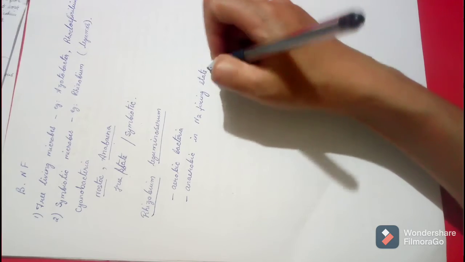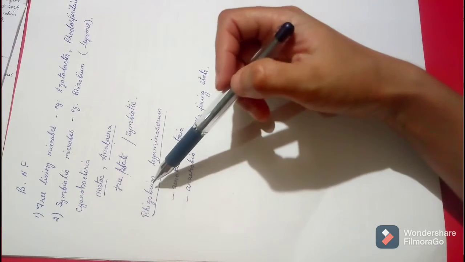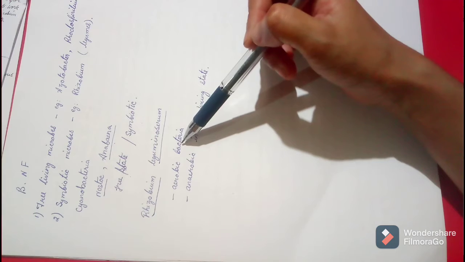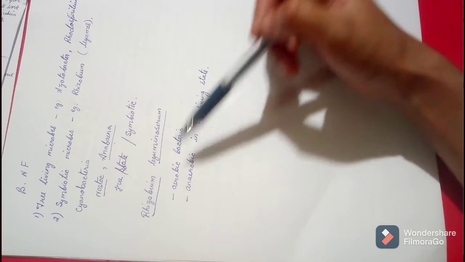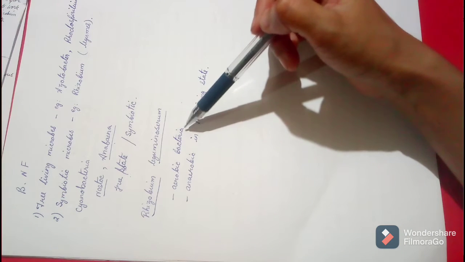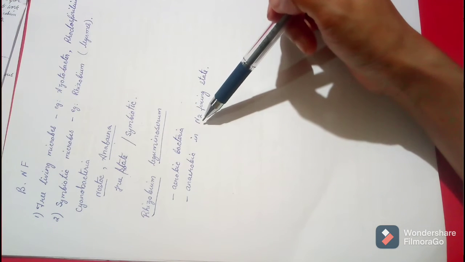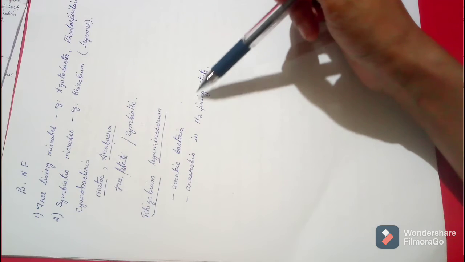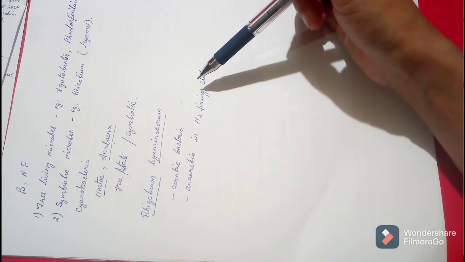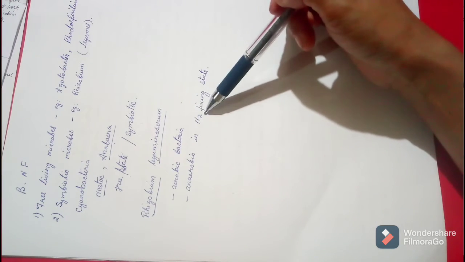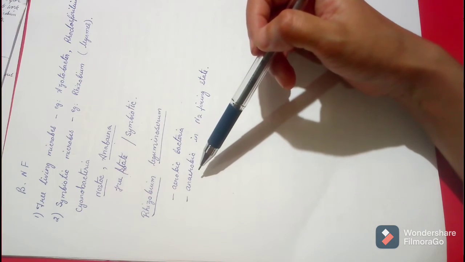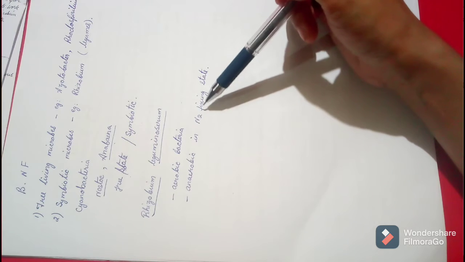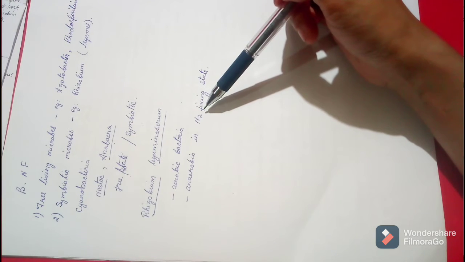So just remember, girls, this is very important. They are actually aerobic bacteria, that means they perform other functions in the presence of oxygen. We call them aerobic bacteria. But for fixing nitrogen, for converting the nitrogen into ammonia, they require the anaerobic condition, because nitrogen fixation cannot happen in the presence of oxygen.